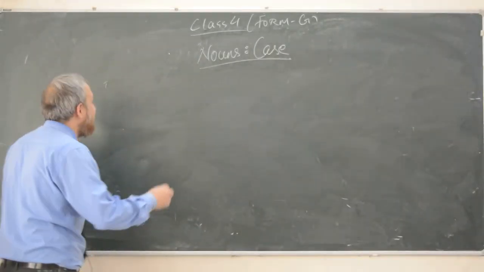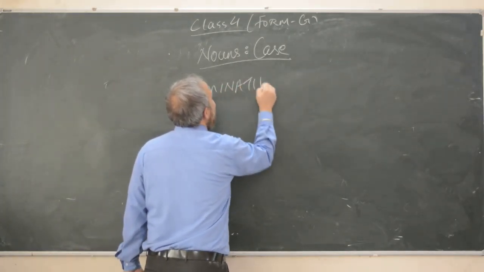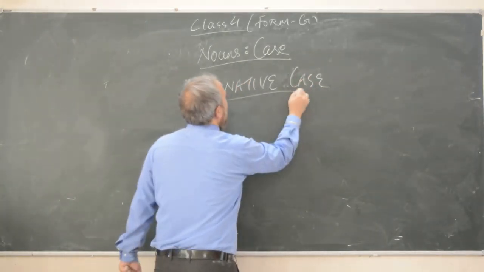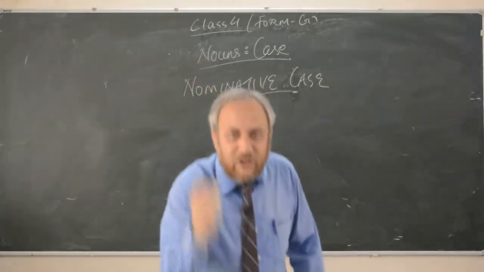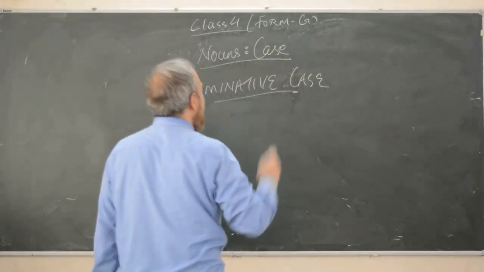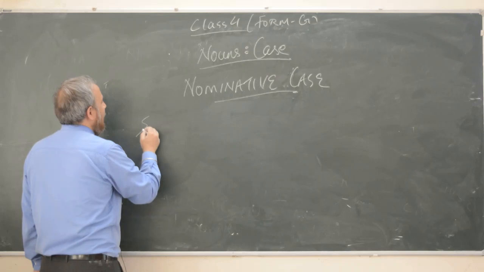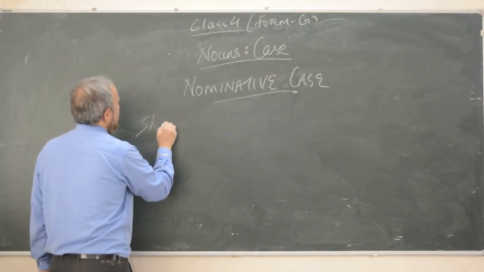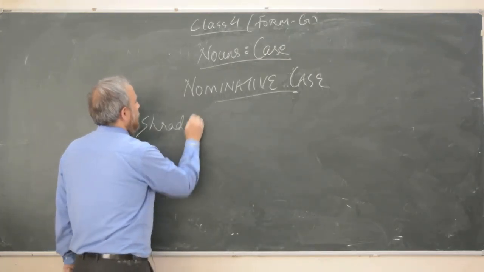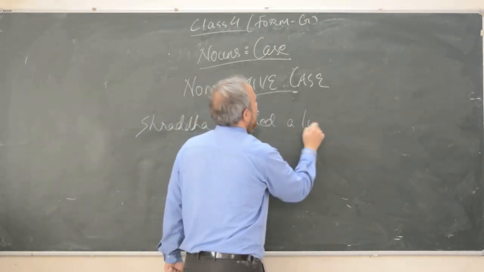Okay, so now let's do nominative case. Simple. When a noun acts as the subject of the verb, we say that it is in the nominative case. For example, let's say, Shraddha laughed a lot.